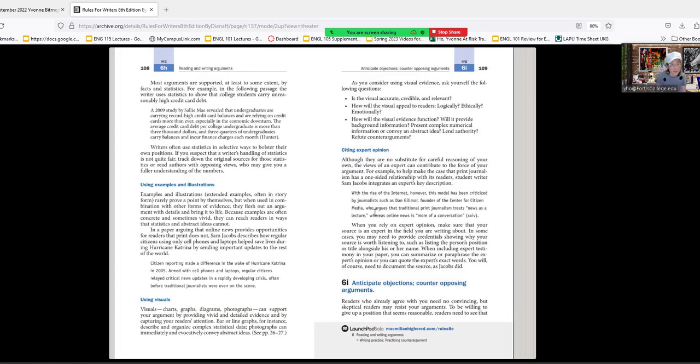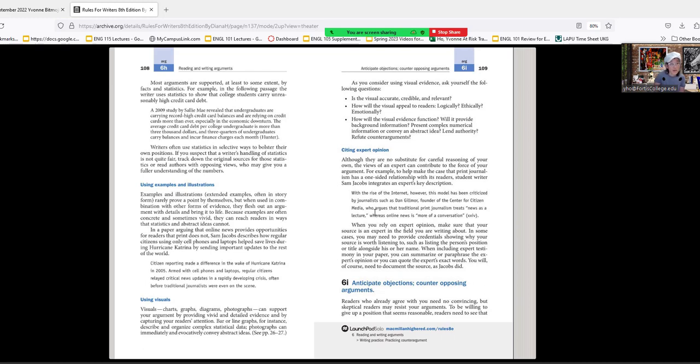Most arguments are supported at least to some extent by facts and statistics. For example, in the following passage, the writer uses statistics to show that college students carry unreasonably high credit card debt. A 2009 study by Sallie Mae revealed that undergraduates are carrying record high credit card balances and are relying on credit cards more than ever, especially in the economic downturn.